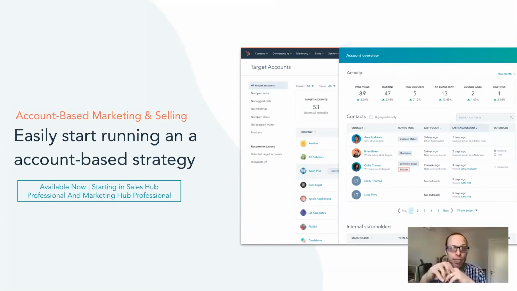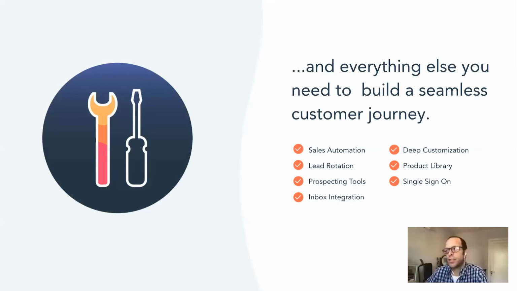And we have over 8,000 customers in HubSpot that have already turned on the ABM tools and are finding great value there. And we have a load of other tools, whether sales automation, lead rotation, prospecting tools, inbox integration, customization, a product library. I didn't mention that. There's a whole load of extra functionality in the product library, and single sign-on.